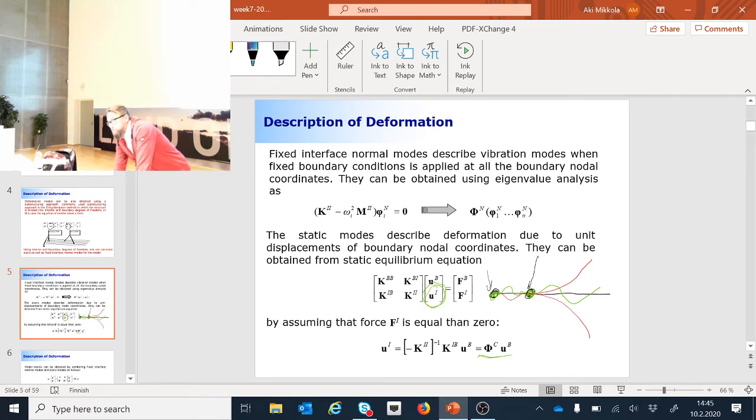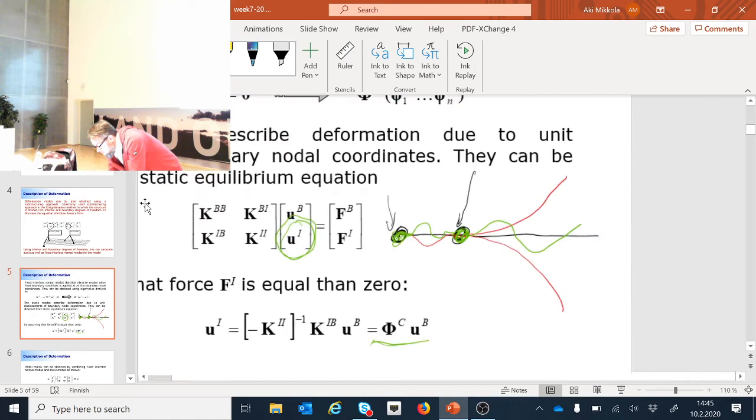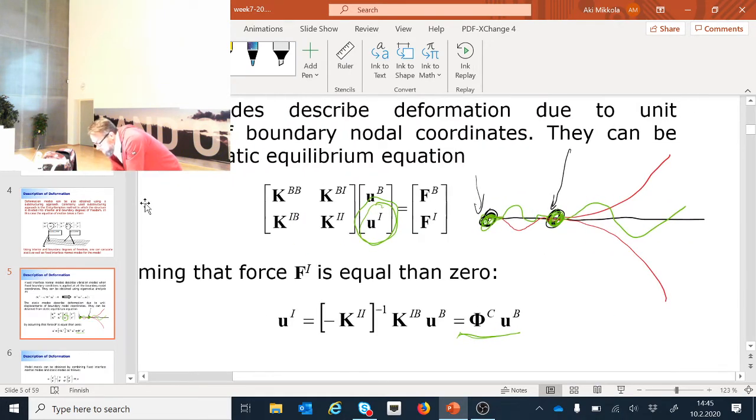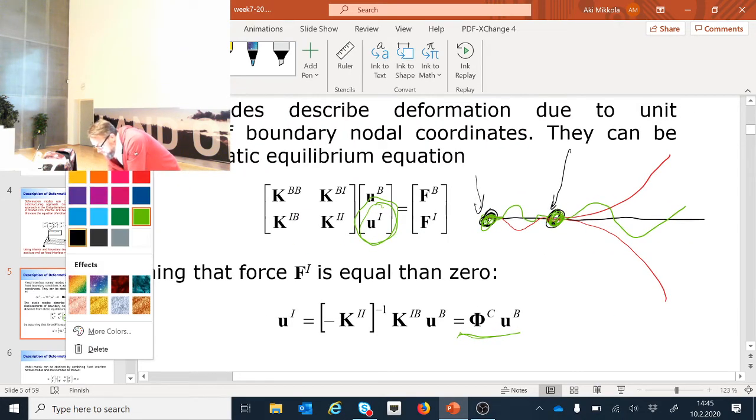Now this is quite interesting. So what is the second set of modes? There is no way to understand how they are based on this, but how they look will be, if we go back to this example, this one here. Let me change the color to black again.